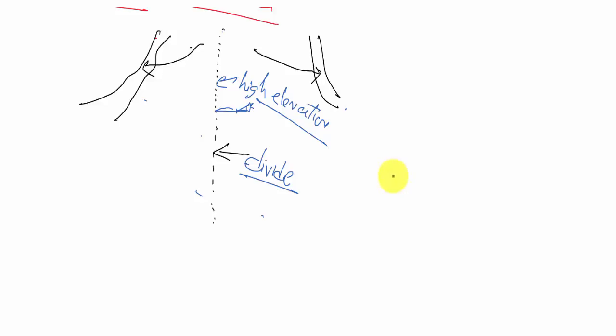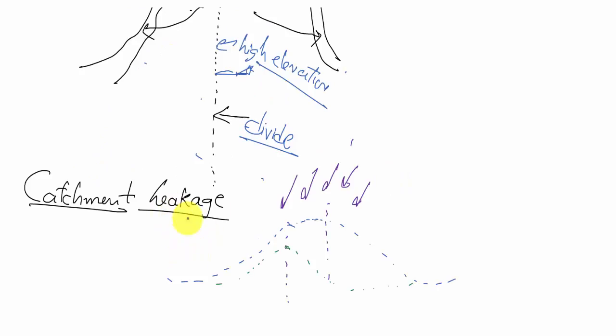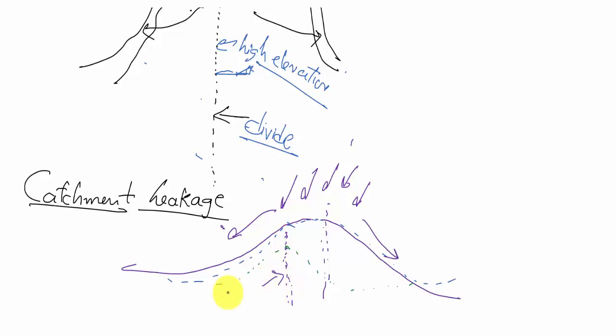Let us look at what is called catchment leakage. Catchment leakage is a concept which explains that, let us say this is our watershed divide. If rainfall falls here, half of the water will go here, and if it comes here, it will come here. But this is our groundwater divide, which separates the flow of groundwater with respect to both the streams.